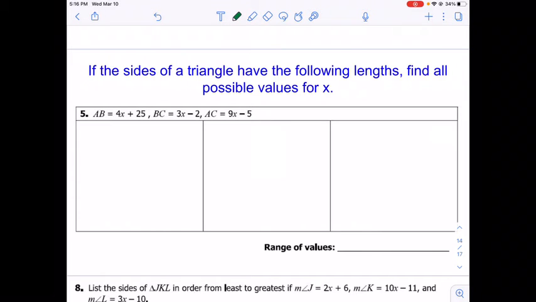We're going to do 3 situations. We're going to see if AB plus BC is greater than AC. And then we're also going to try the next one. We're going to see if possibly AB plus AC is greater than BC.